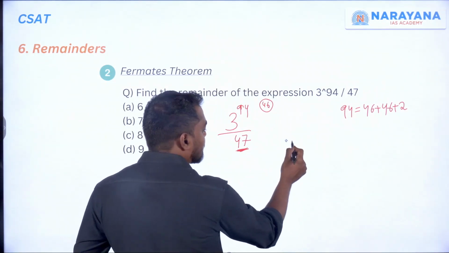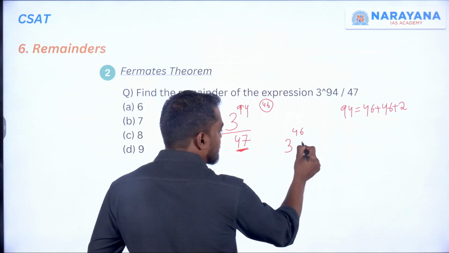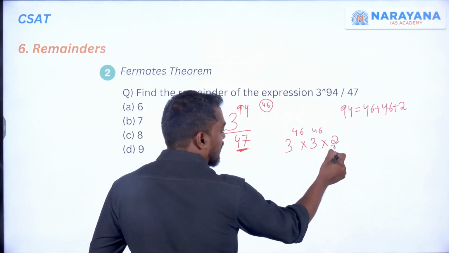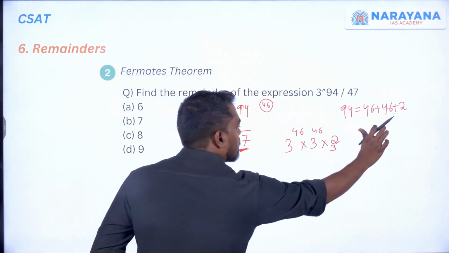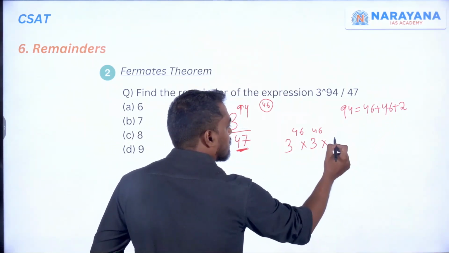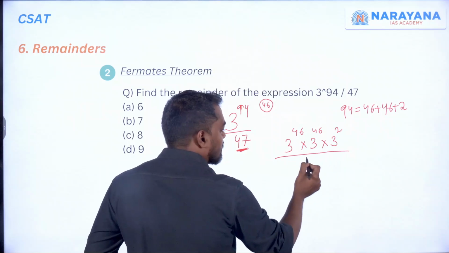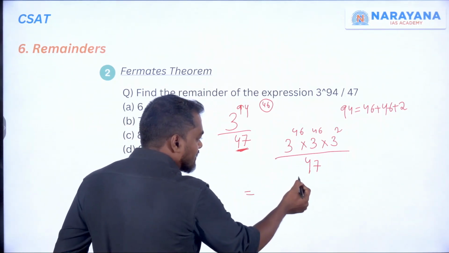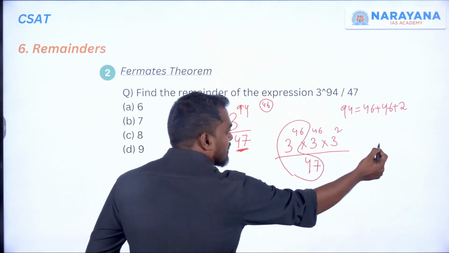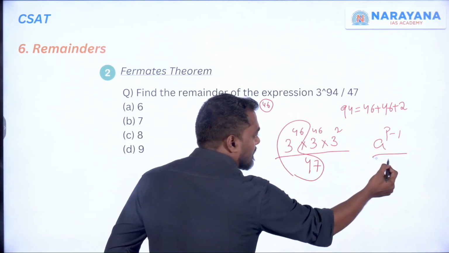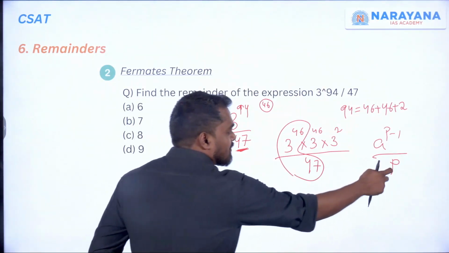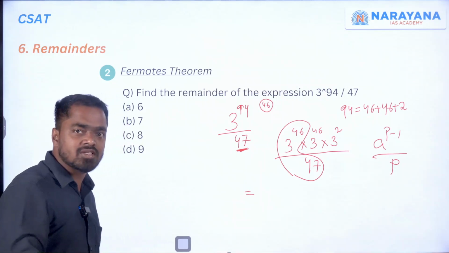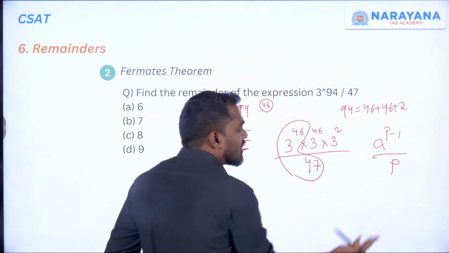So 3 to the power 94 is nothing but 3 to the power 46 into 3 to the power 46 into 3 square, divided by 47. Now this expression is a to the power p minus 1 by p, right? 47 is a prime number, and 3 and 47 are both primes, so the only common factor is 1, so they are co-primes.